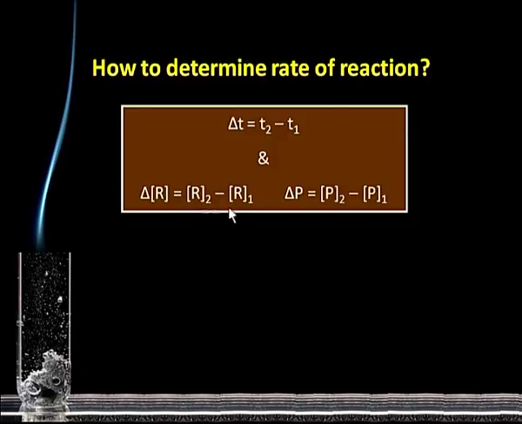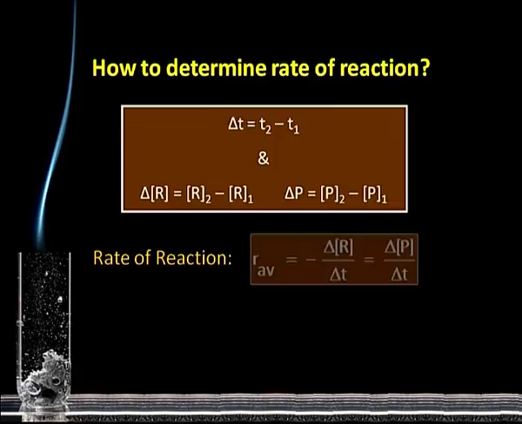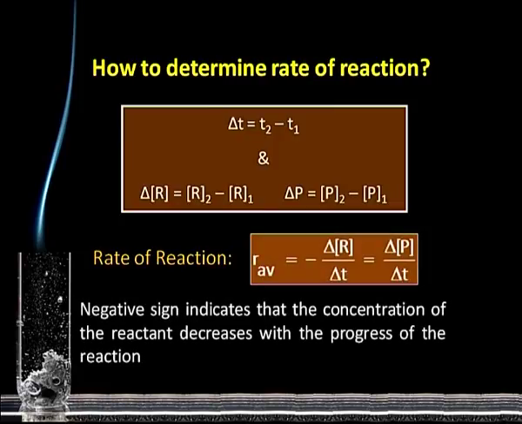We get R2 minus R1 if we choose the reactant to monitor the progress of the reaction, or if we look at the product concentration, it becomes P2 minus P1. The rate of reaction can be written as rate equals minus delta R by delta t equals delta P by delta t. Delta stands for the difference in concentration, and here delta stands for difference in time.